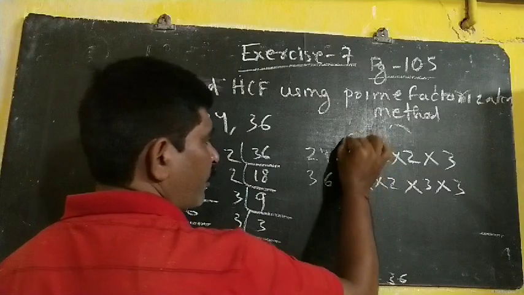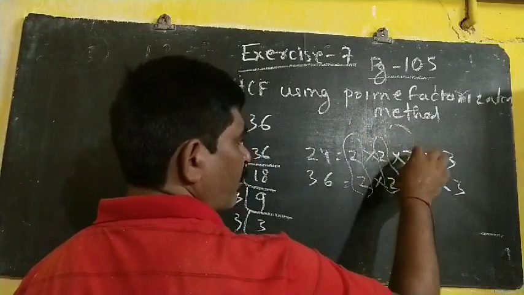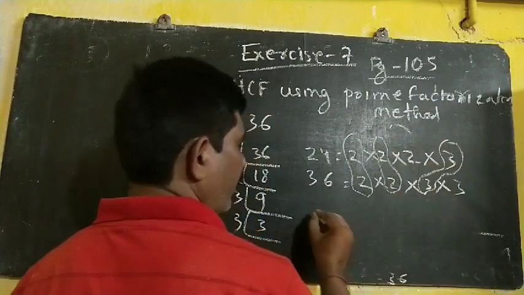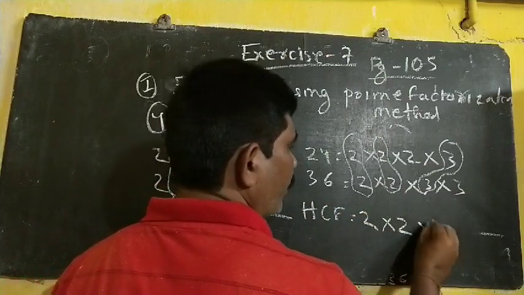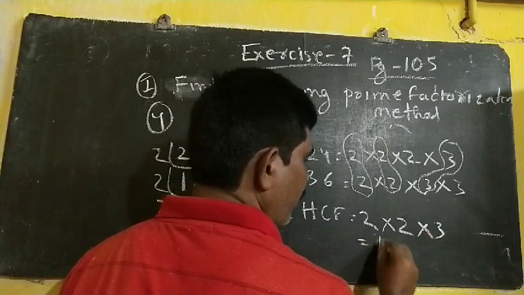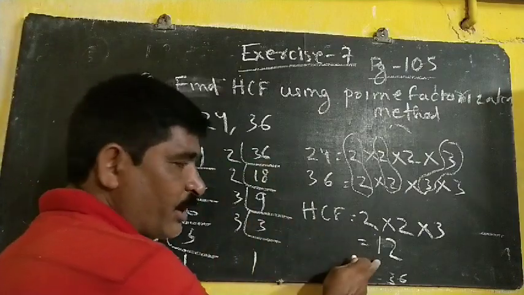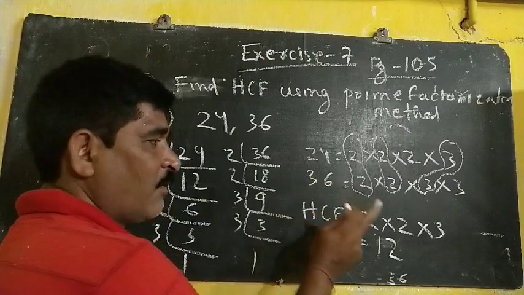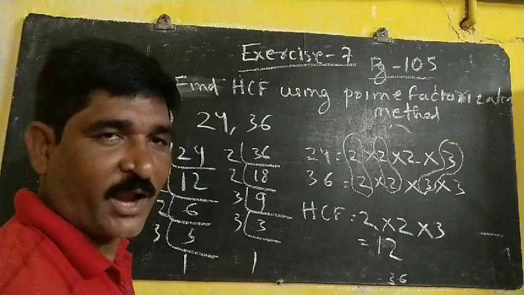Now check the common ones. 2 is here, another 2 is also here, there. But this third 2 is not here. 3 is there, here. Okay. So HCF equals 2 into 2 into 3. 2 twos are 4, 4 threes are 12. Okay. But how do you know that our HCF is right? In the 12 table, 12 twos are 24, 12 threes are 36. Both numbers are present in the 12 table. So we know that we are right. Okay.